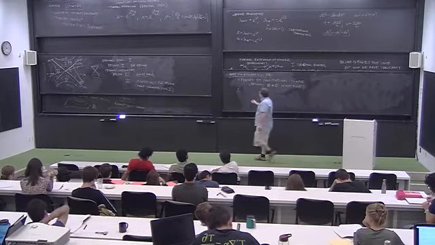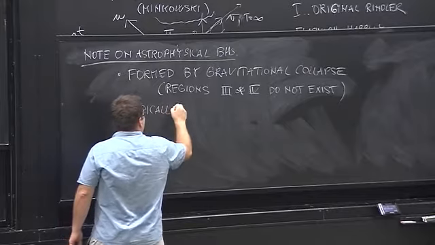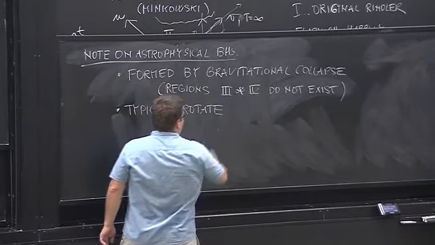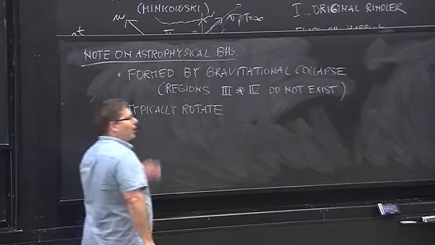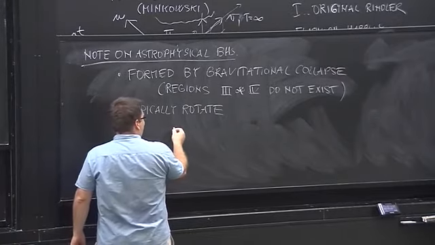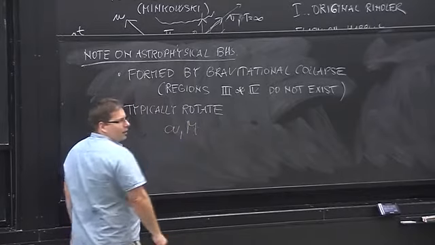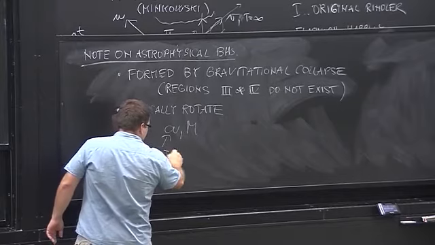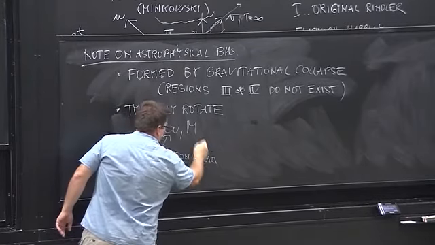All right, so that's one thing. Another thing is that they typically rotate. And so Schwarzschild is not really a good approximation. You actually now have a black hole, and there is a uniqueness theorem, and the theorem says that there are only 2 parameters which describe such a black hole: the rotation parameter and the mass.